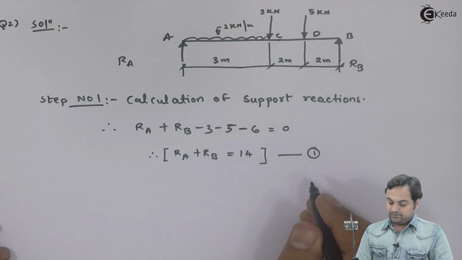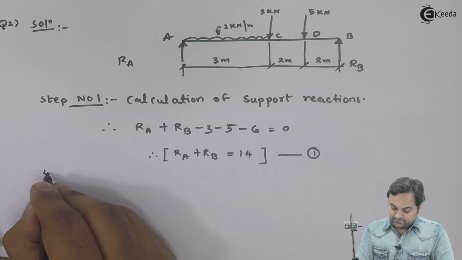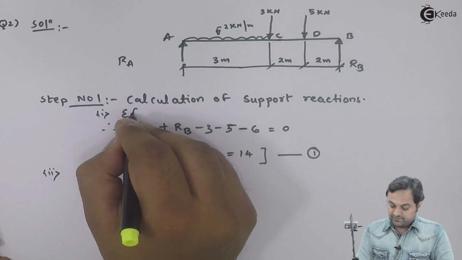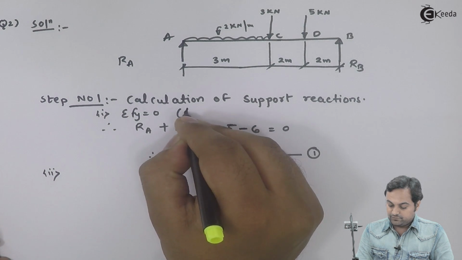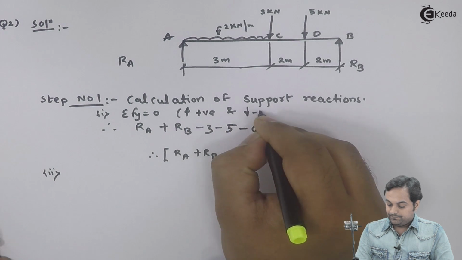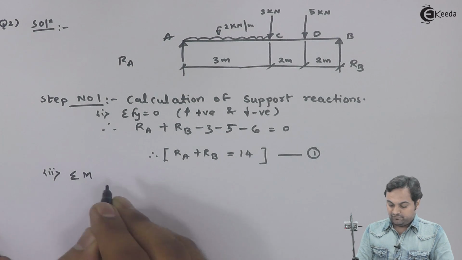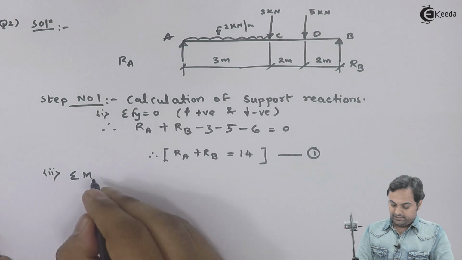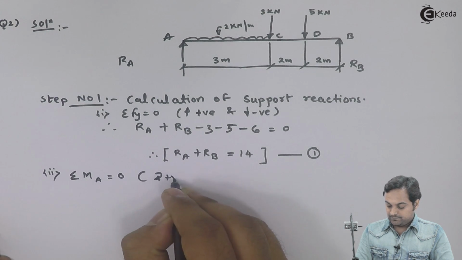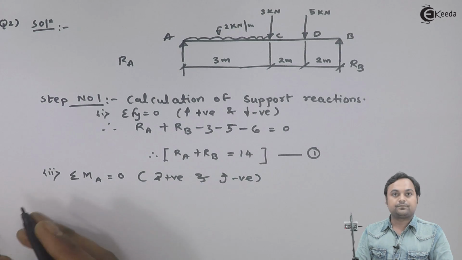Next, after calculation of support reaction, the first point I'll say is that this was summation of Fy is equal to 0, because the sum of all vertical forces is 0 for the equilibrium of the beam. Now, summation of moments of all forces about point A would be equal to 0, where clockwise moments are positive and anti-clockwise moments negative.